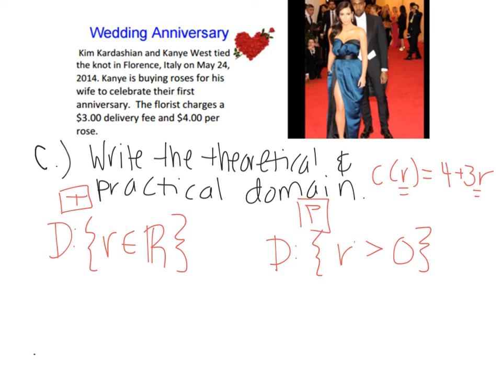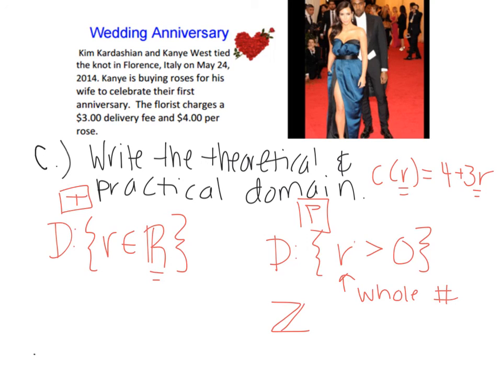Just a side note, this came up in my period 1 class. We talked about how technically we should be saying that r for our practical domain is a whole number, just because you can't have a half of a rose. And so we were talking about, is there a symbol like all real numbers for the whole numbers? And the answer is yes.